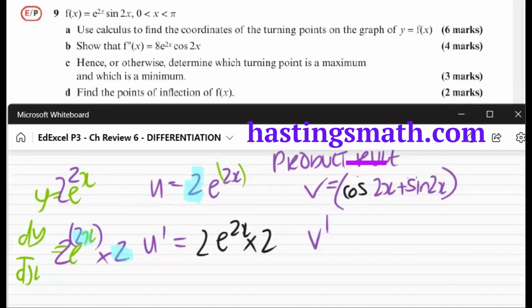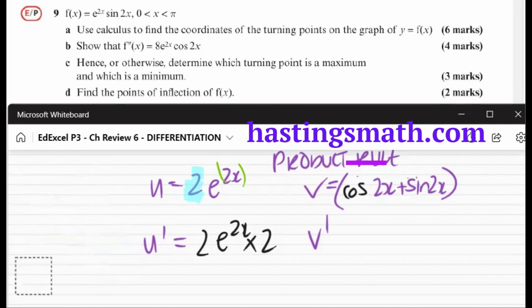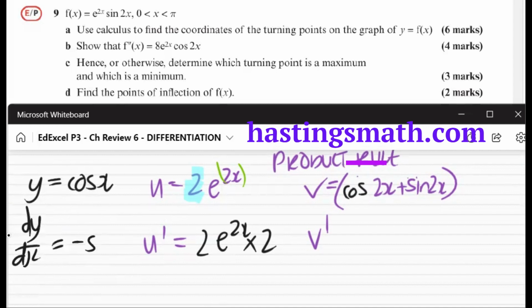And our v dash, well, first we have cos 2x. So cos 2x, using the same principle of the chain rule. If we had y equals cos x, dy dx would just be negative sine x.